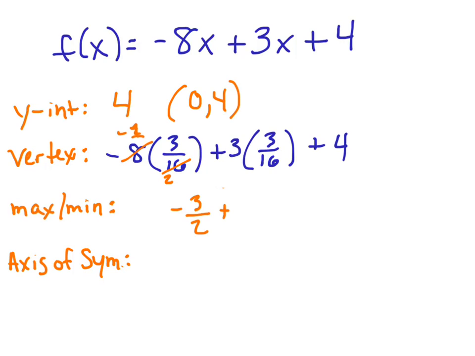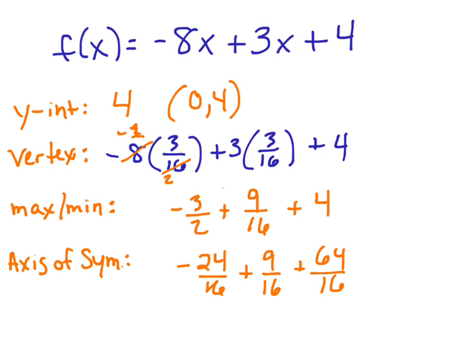And then 3 times 3/16 is 9/16, plus 4. If I get common denominators, this would be negative 24 over 16 plus 9/16 plus 64/16, and that's 49/16.